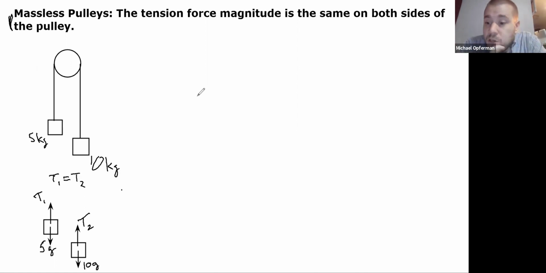So you need to be very conscientious about keeping track of the direction of the acceleration vector. In this case, I'm guessing that the lighter block, the 5 kg block, is going to accelerate upwards, and the 10 kg block is going to accelerate downwards, but it's the same a on both of them.